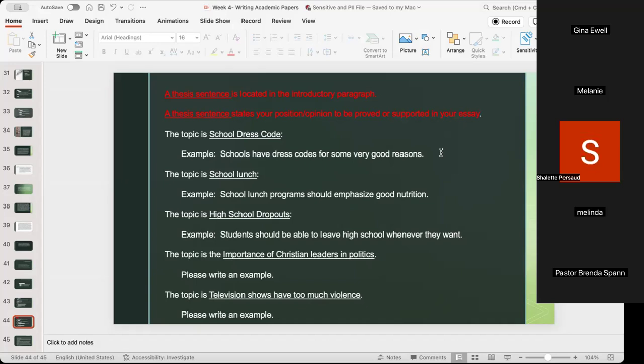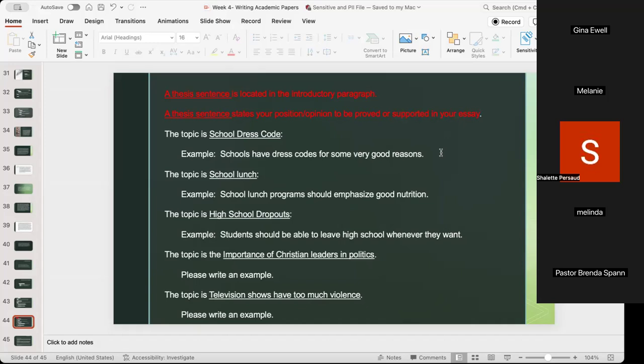So this is what I did, and let me see if I can find it. I'm still having a problem with the topic and the thesis sentence because they seem to be both the same to me. They seem similar, they do. So what I did, a thesis statement includes more of a position and opinion, whereas a topic sentence doesn't include any opinion.